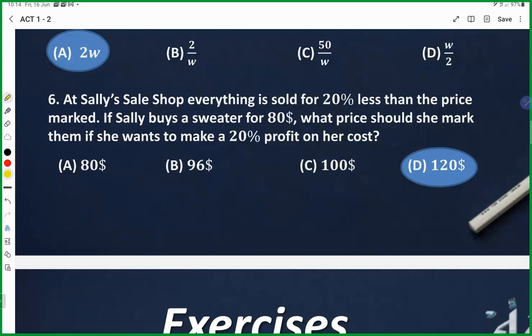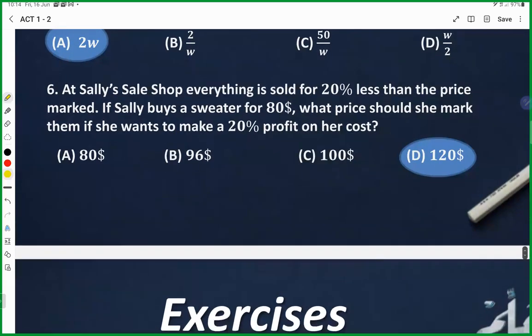If Sally buys a sweater for $80, what price should they mark it if she wants to make a 20% profit on her cost? Now I know that she's making a 20% profit, we agree, and she has a cost price, and at the same time she wants to give a 20% off.